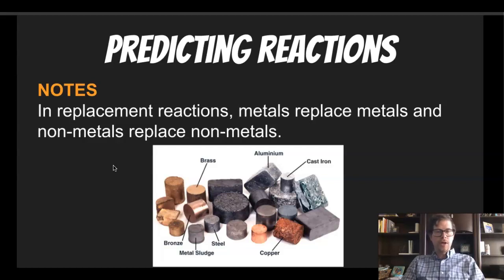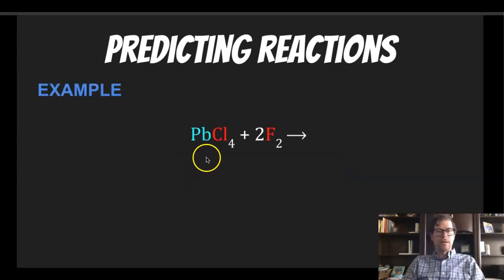I'll just show you the ones that are going to do it. So here's an example: PbCl4, that would be lead 4 chloride, and some F2. F2 is fluorine gas, which is super nasty stuff, as you might remember. They're going to be in a single replacement reaction. I've highlighted the nonmetals in red, and the metal in blue, or cyan.